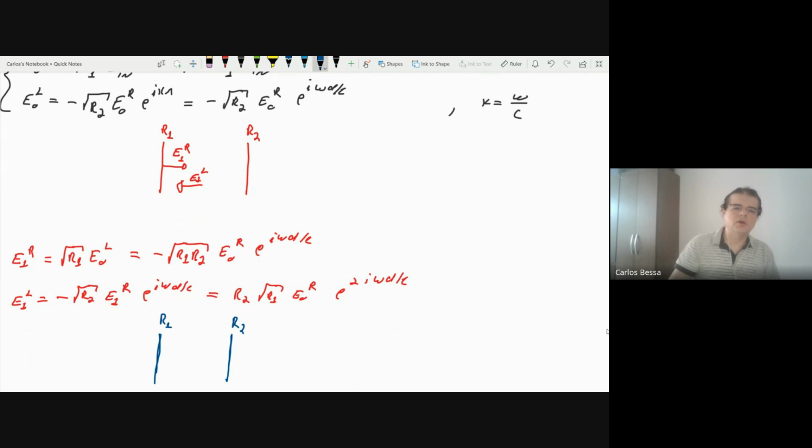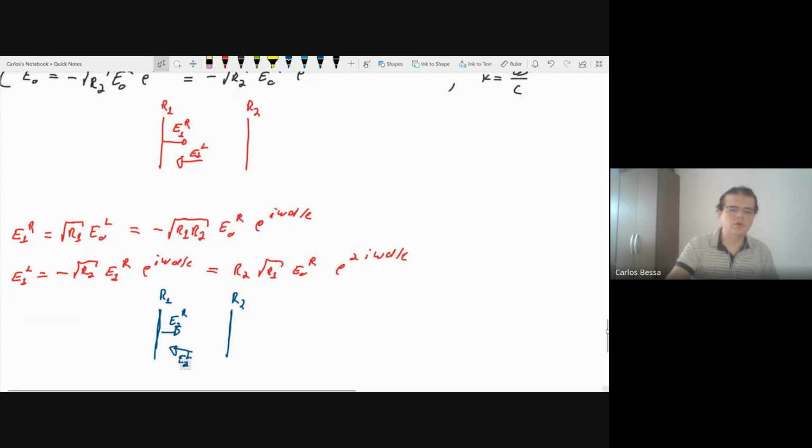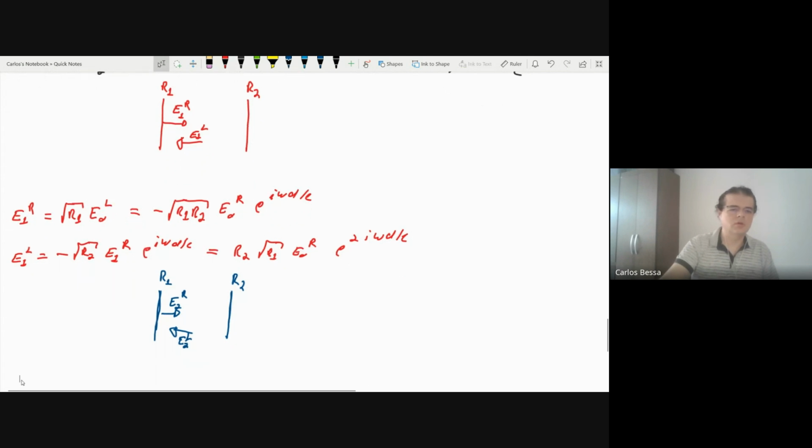So this comes here as E1 left, so it will be reflected. Let's call it E2 right. And then we'll come here and be reflected, E2 left. And last, let's see, just here that E2 right will be this part that was reflected in R1.